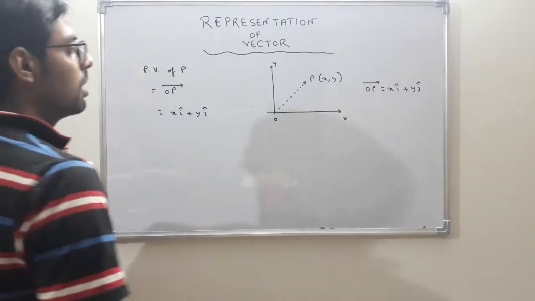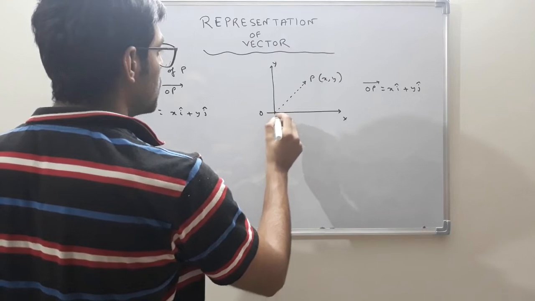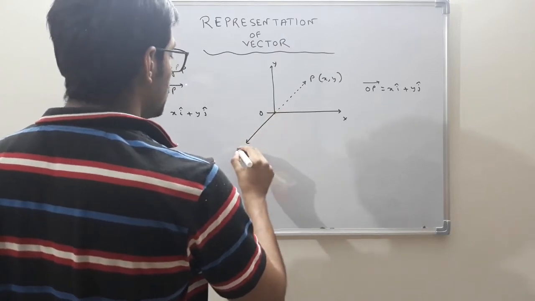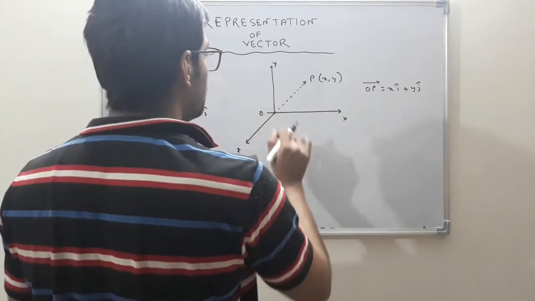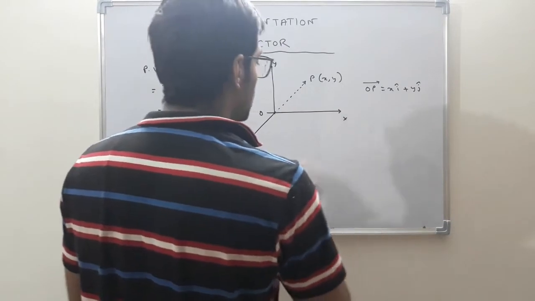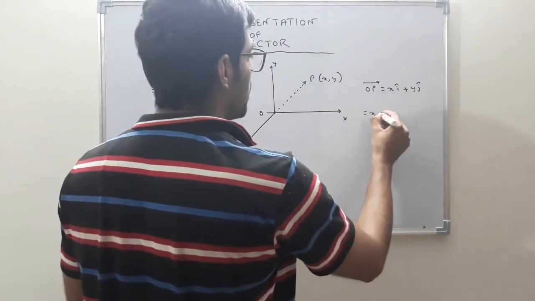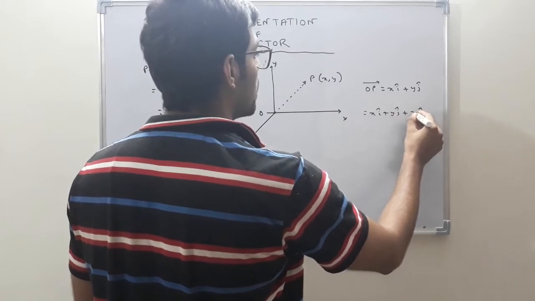Now if you have a three-dimensional coordinate system, suppose this is a three-dimensional coordinate system x, y, z. Now this point P can be represented as x i hat plus y j hat plus z k hat.